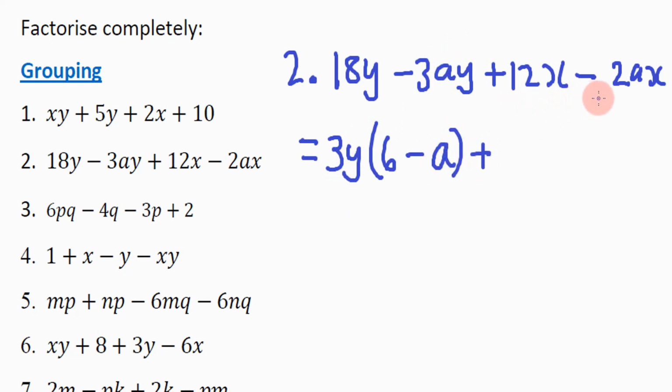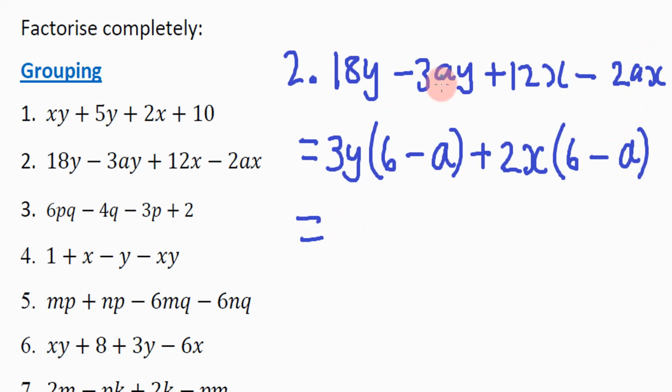Now we look at the last 2 terms for a common factor. Here we have a common factor of 2 for the numbers, and x is also a common factor, so we can take it out. Then 2 into 12, 6 times, x into x once. Then 2 into 2 once, x into x once, and we're left with a.